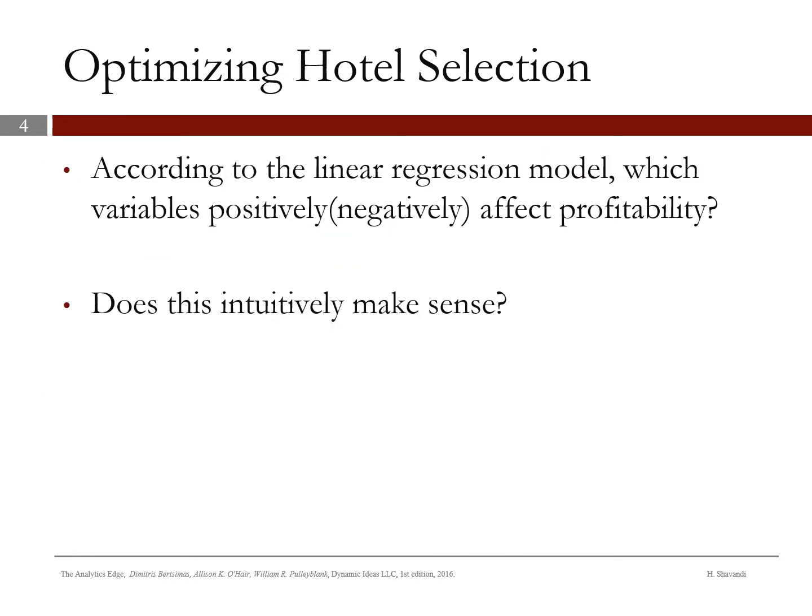According to the linear regression model that we have here, we see that the price of the inn and the college students in the area, these two variables have a positive relationship with the profitability.